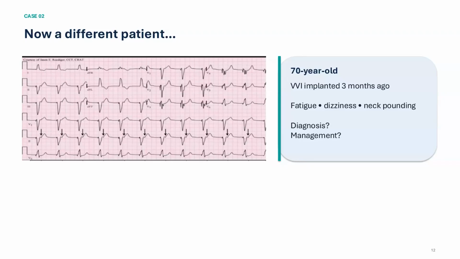Only rate response in AF. You understand? So you will adjust the rate response parameter and make it less sensitive, and adjust it to 100 or 190 if the patient is complaining of this high heart rate.